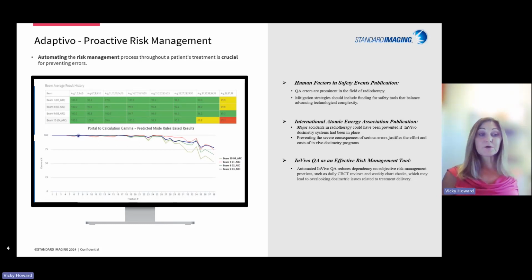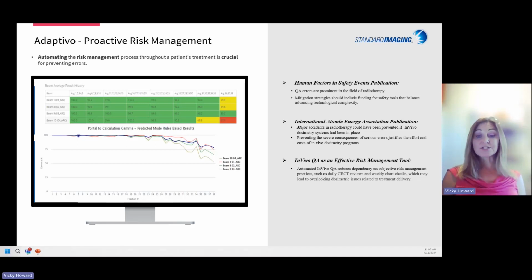So now really, as physicists, we truly need to get the support of our administrators to help us with automating these practices. Our plates are full in the clinic as a physicist, and we too are humans. So if we can automate some of these tools and find efficient ways to alert ourselves of any deviations, that is a step in the right direction for sure.